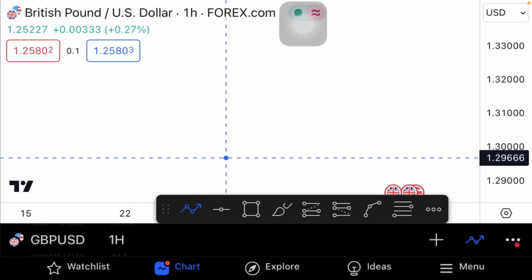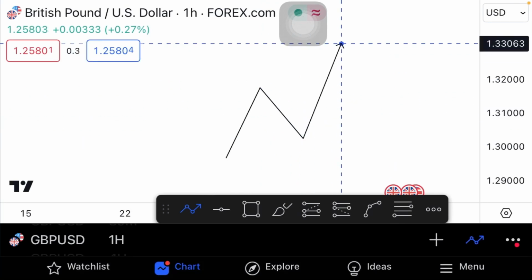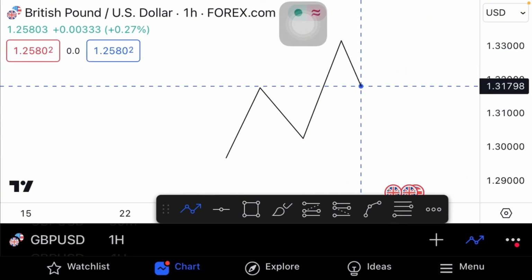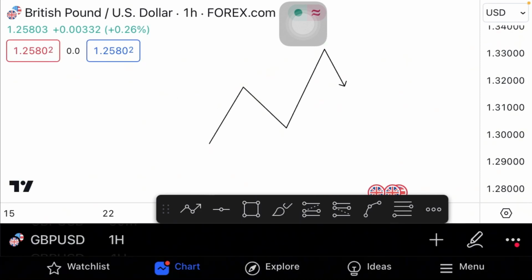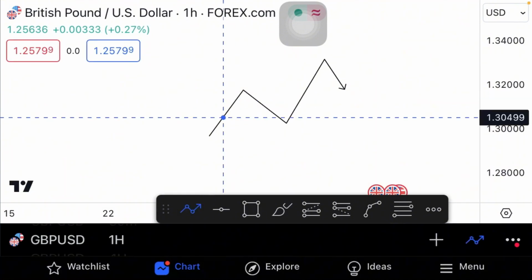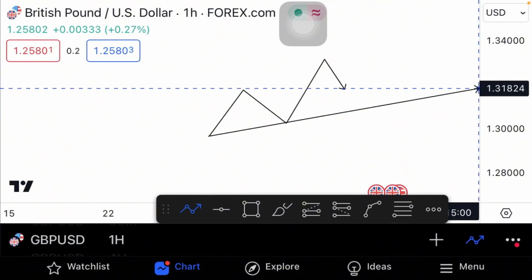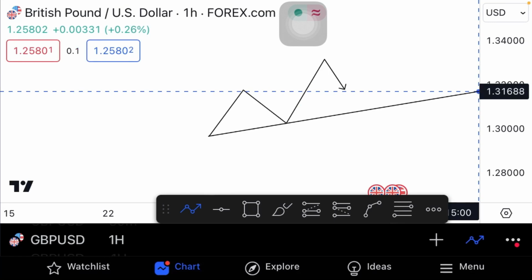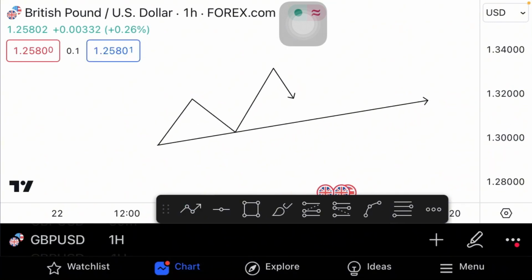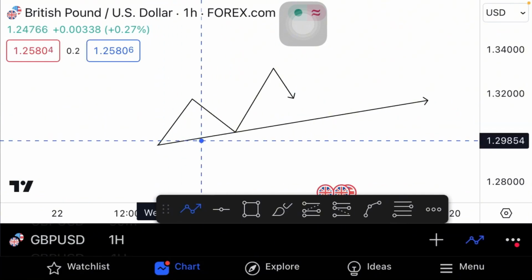When price is making higher highs and higher lows, a high, a low, a higher high and a higher low, all you need to draw a good upward trend line is to connect the first two lows, or the first two troughs, from the left to the right hand side of the price. This is the first low, this is the second low, and you extend it to the right hand side of the price. When price comes back to the line, this is our first touch here, second touch here.